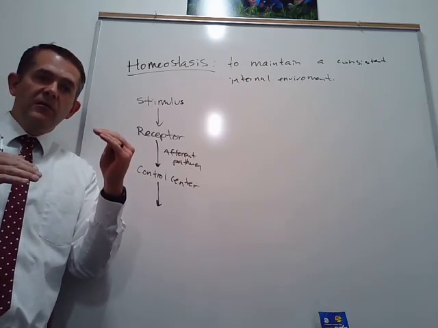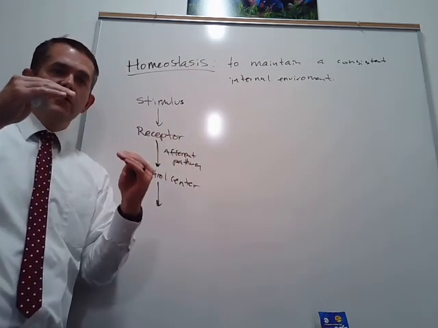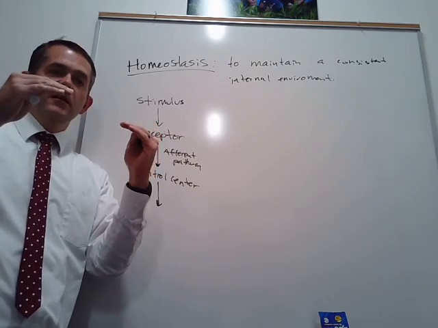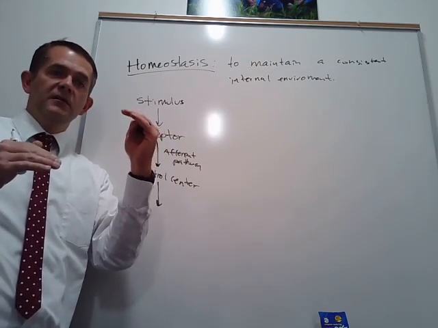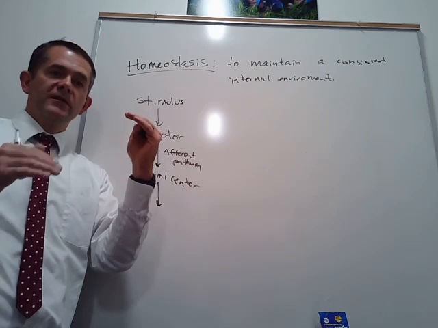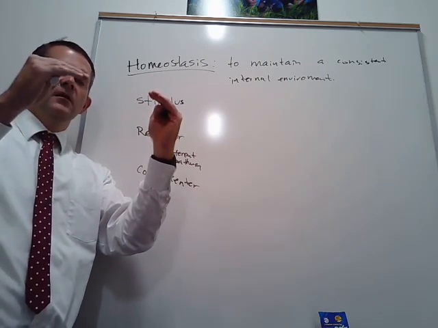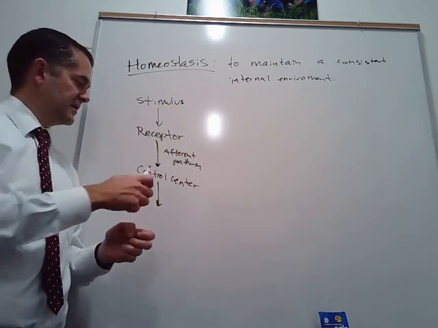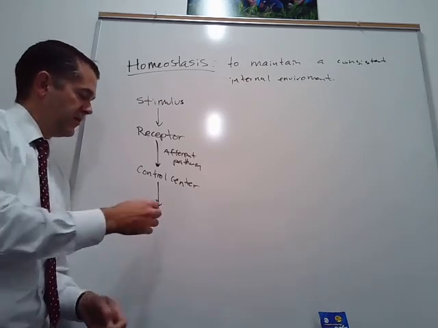And if it's below that, it's going to do something to try to raise that, right? And if it's higher than it should be, it's going to try to lower that variable so it comes back down to normal, right? So it's going to try to do something to bring it back towards what's called set point, okay?